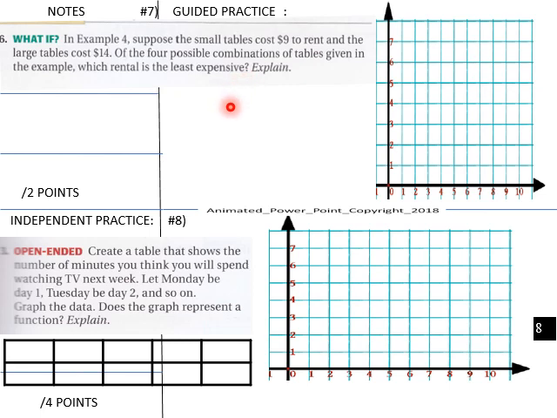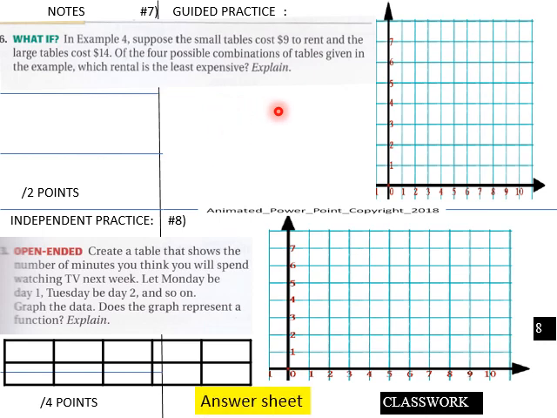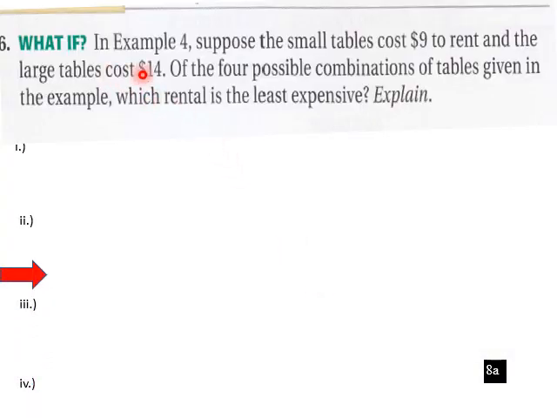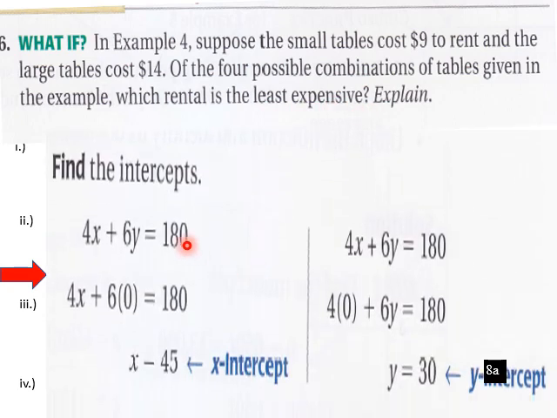So now we have a cost function that we have to find. First of all, we found our intercepts.